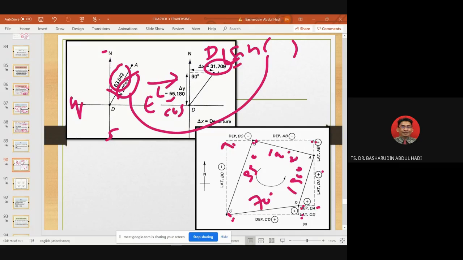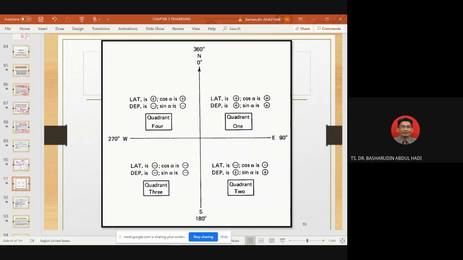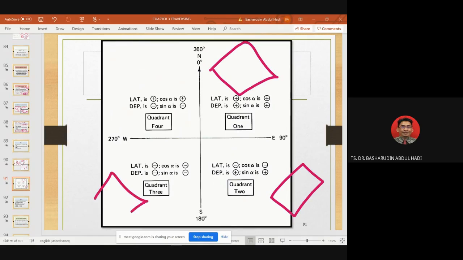Okay, in latitude and departure, when you calculate, you must be aware of this. If your traverse is here, it's different from the traverse here. Even though it's the same, you must know which quadrant your traverse is in.